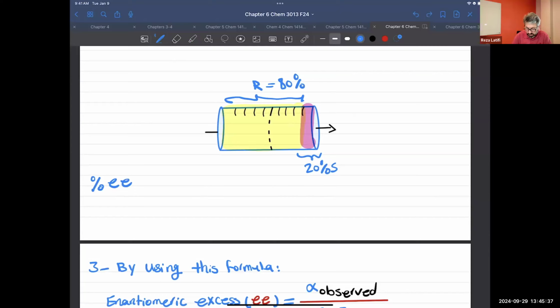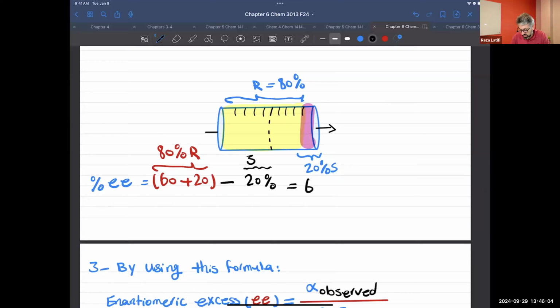So the enantiomeric excess is going to be, instead of saying 80, we're going to say 60 plus 20. That's going to be for R. That's equal to 80% from R minus 20% from S, and we are left with 60%.